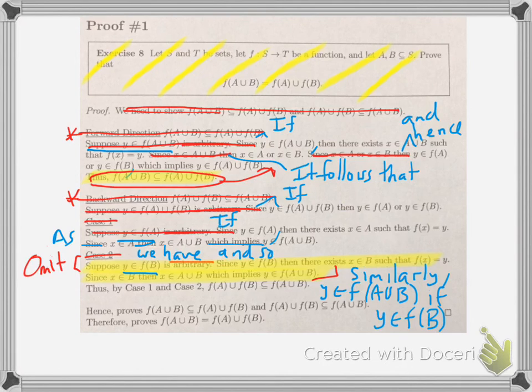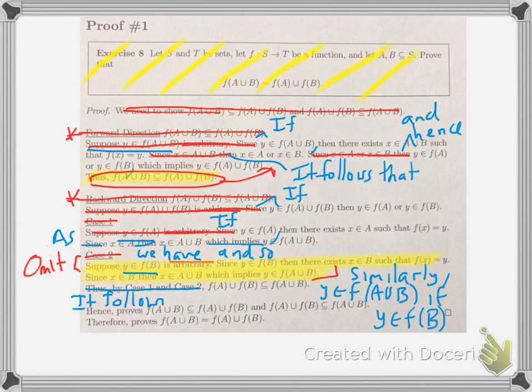Now, if we go down to case 2, well, we've already replaced that. Similarly, y is in f of a union b if y is in f of b. All right, now, thus by case 1 and case 2, we can just eliminate the reference to those cases and say, again, it follows that, or therefore, or hence, whatever we like.